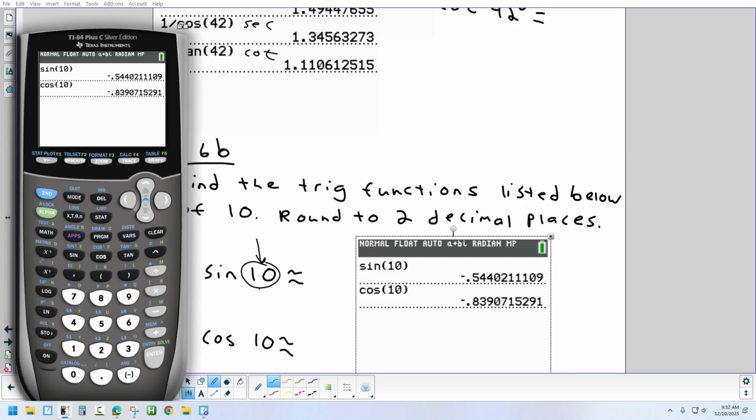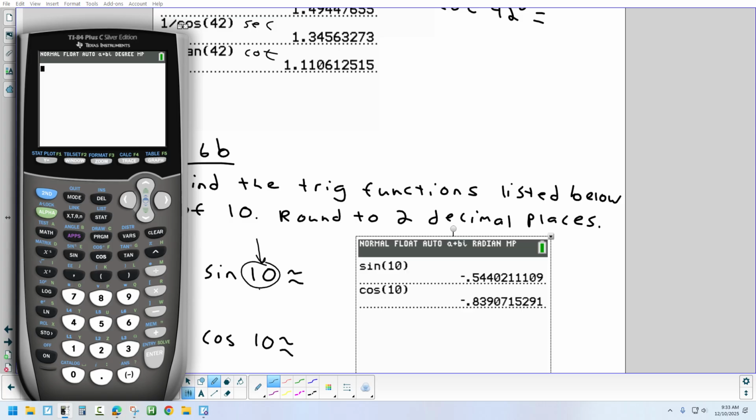Now, how could you do this problem if you didn't have a mode to change to radians? Let's say your calculator is stuck in degrees. What could you do? Like you could multiply it with the radians.